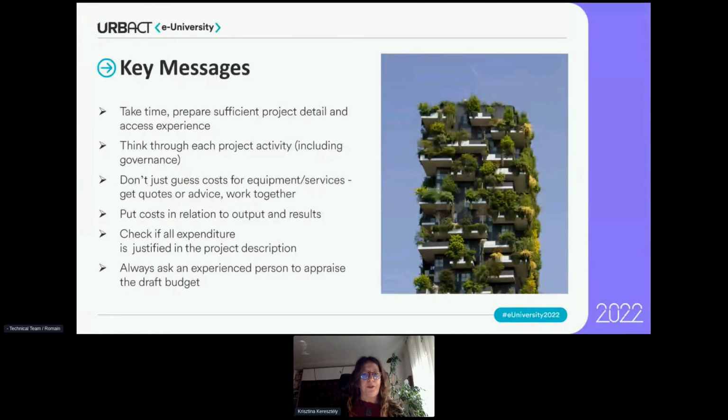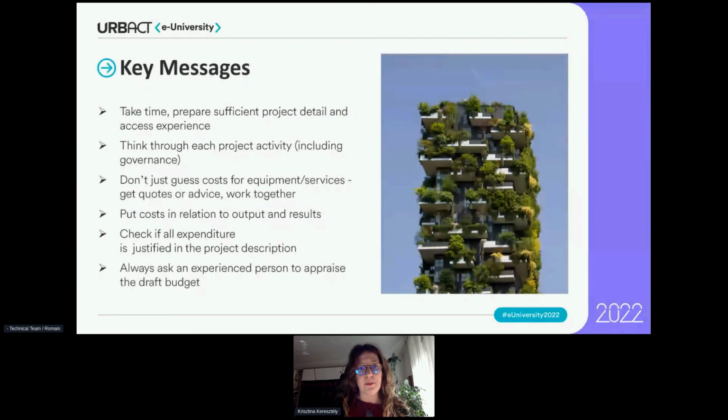Be aware of putting in costs that are really in relation to outputs and results. So take care of the value for money of your project, and check if all the expenditures are really justified in the project description.